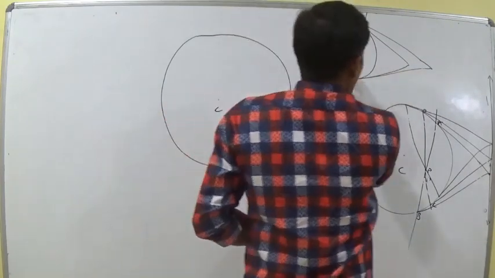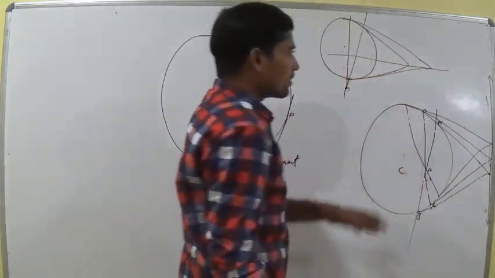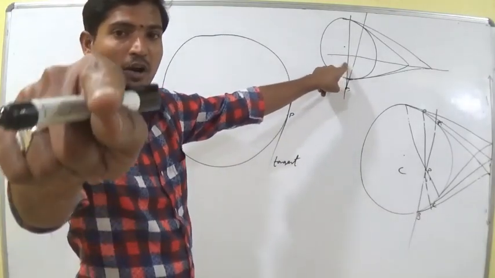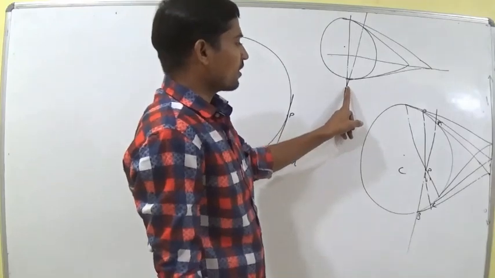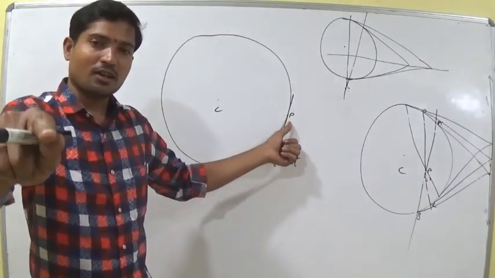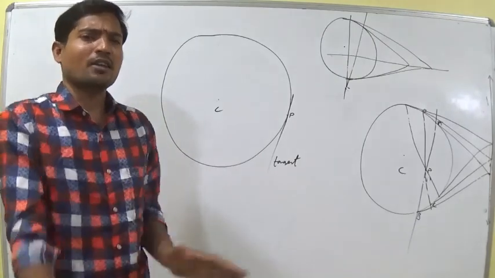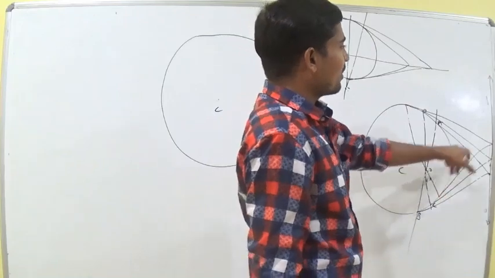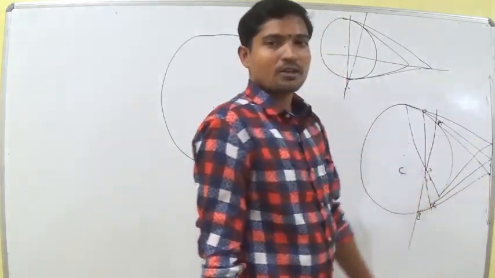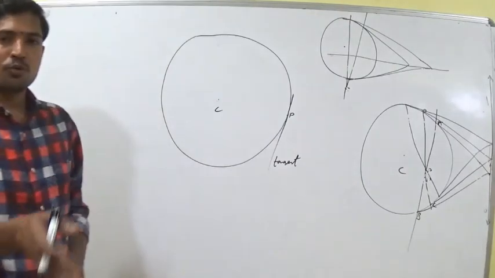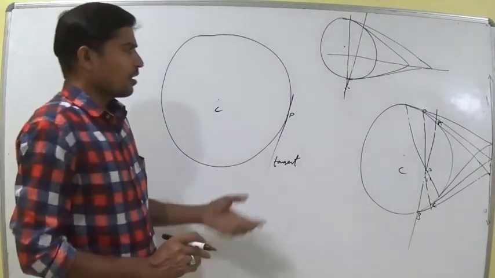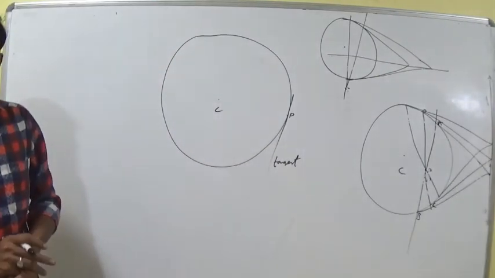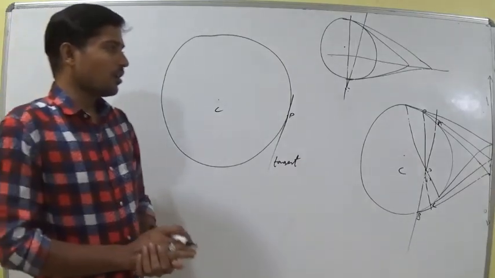So join the intersecting points of the tangents, it becomes like this, which is a chord of a circle when the point is external. If it is on the circle, I mean the point is the pole here, it becomes a tangent. The pole lies inside the circle, then the polar line stays outside the circle. This is about pole and polar. Equation to the polar at point x1 y1 is S1 equal to 0. We'll discuss about it.